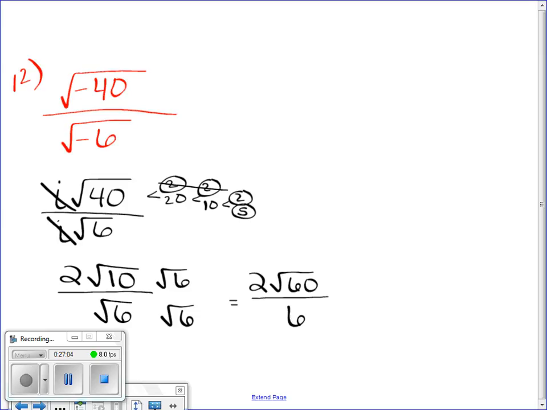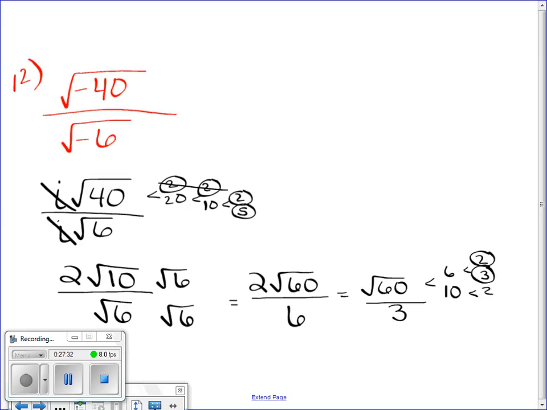All right, I hear a couple things going on. I think most of you have noticed right away the 2 and the 6 can both be divided by 2. So we get 1 radical 60 over 3. Is radical 60 as simplified as it can get? Is there any pairs hiding in there? Well, 60 is 6 and 10. 2 and 3.